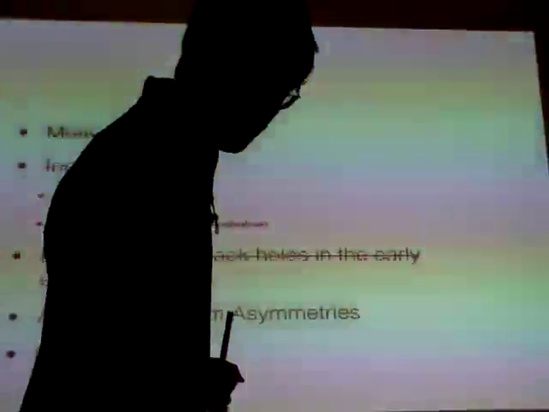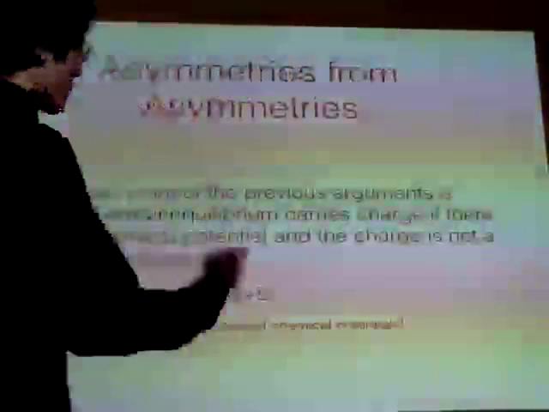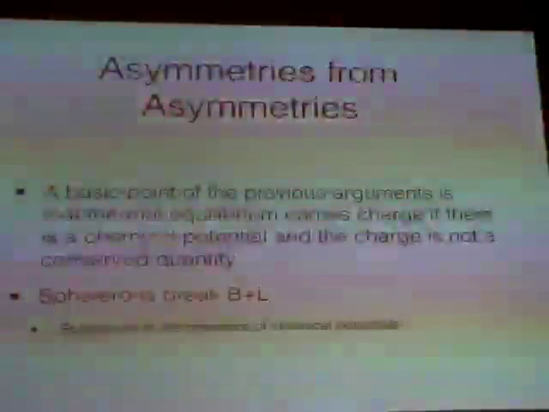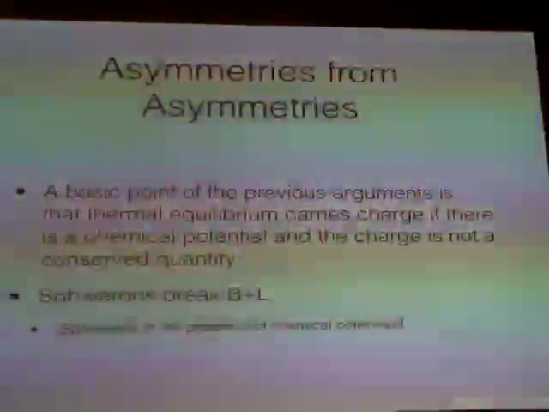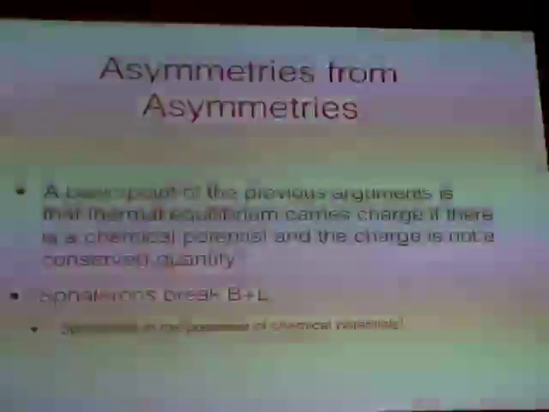Okay, so finally I'm going to shift gears and talk about some work in progress that is not exactly the same thing, but not 100% unrelated. What I've been talking about before is basically that thermal equilibrium carries charge in the presence of a chemical potential, and some cool things you can do with a chemical potential. So why not use sphalerons to do this?